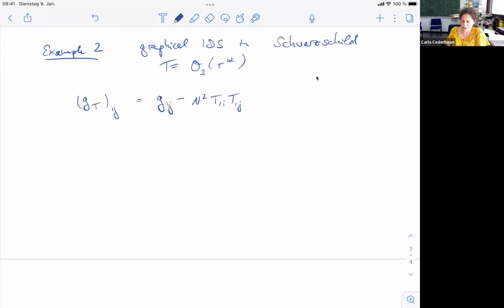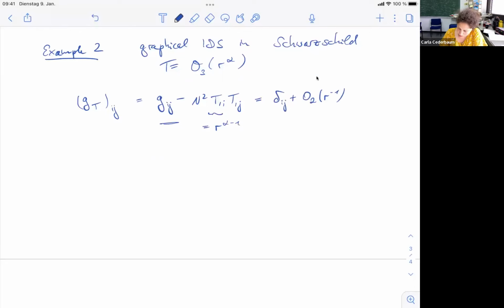So now if I'm using my decay, then di t is like r to the alpha minus 1, and same for dj t. The lapse is asymptotic to 1, and the Schwarzschild part, this part here, I just showed that it's asymptotically Euclidean of rate 1. So I can rewrite this as delta ij plus O2 r to the minus 1.